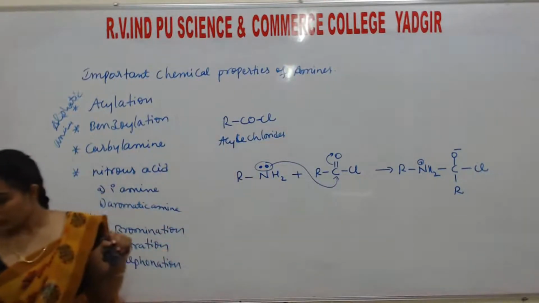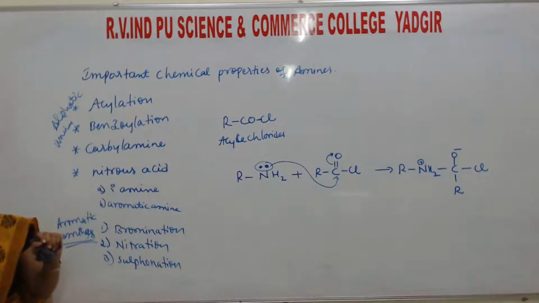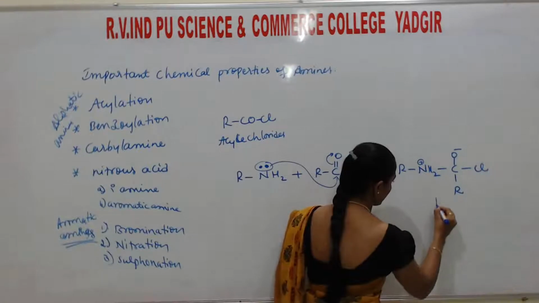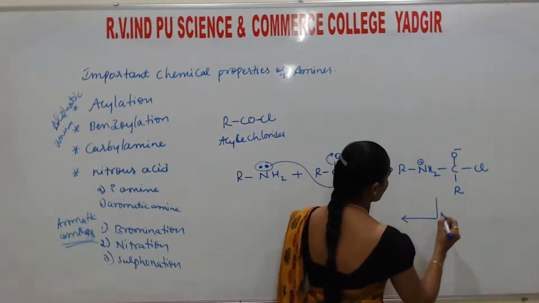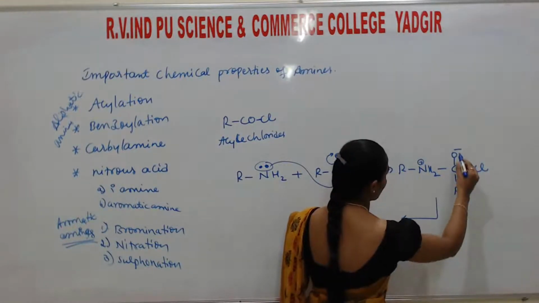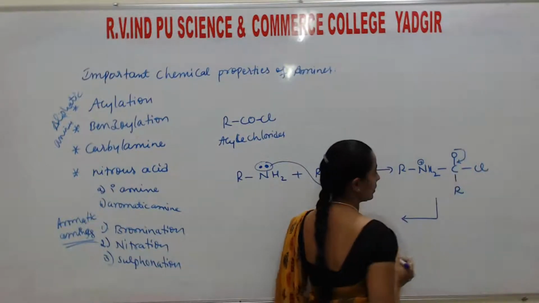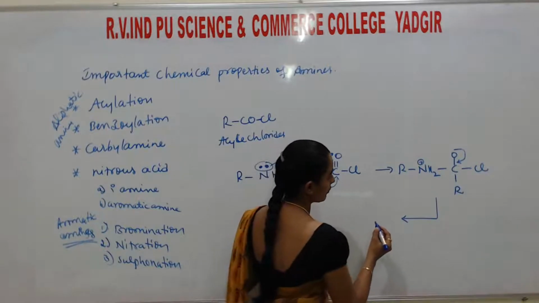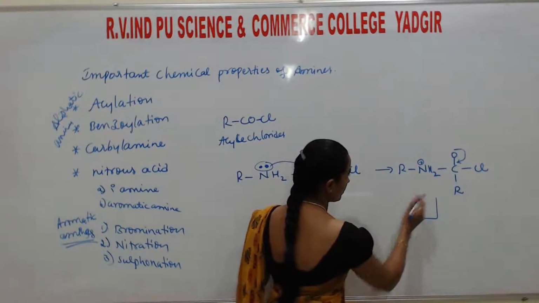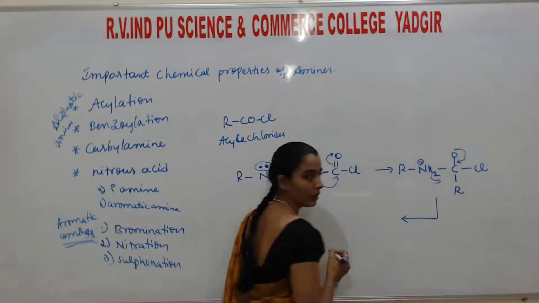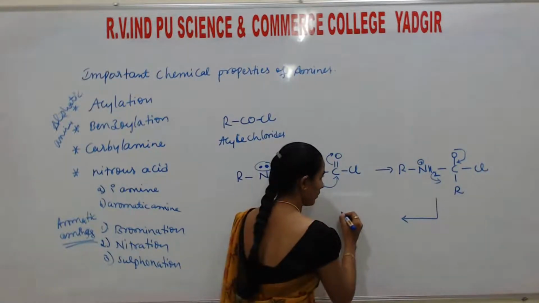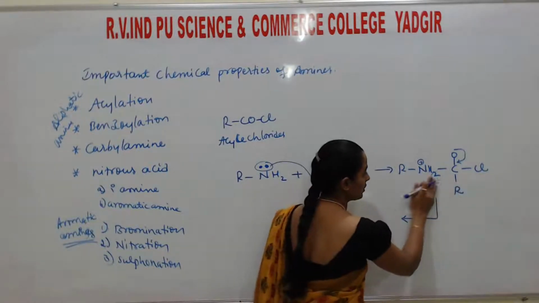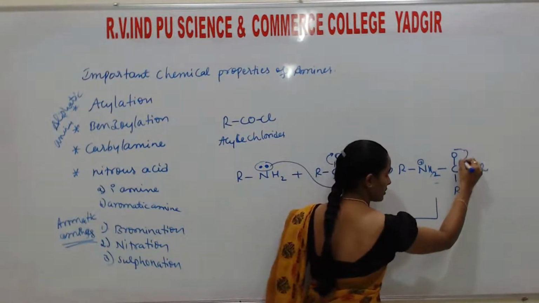Okay students, then after that what happens? The bond breaks, and here they form a double bond. Here hydrogen will be removed, and HCl will be removed.